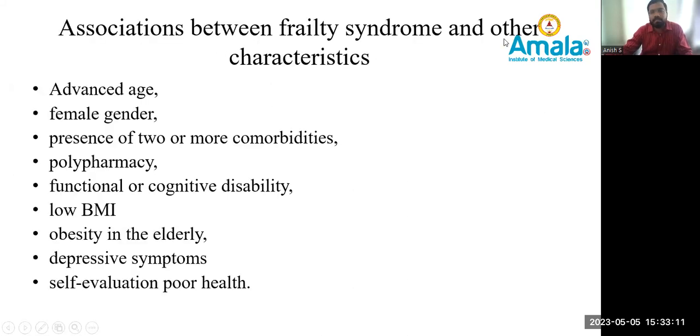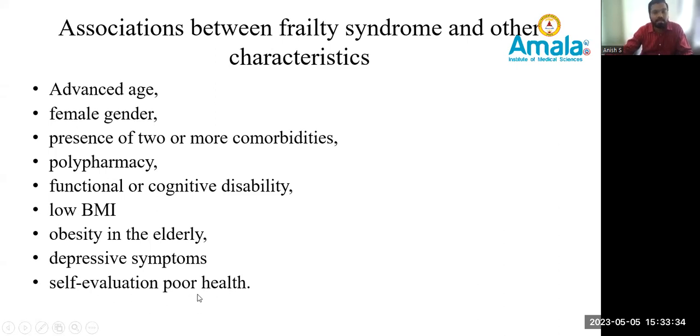The associations with frailty syndrome are advanced age, female gender, presence of 2 or more comorbidities. Polypharmacy has a significant role in making a patient frail, as do functional or cognitive disability as in dementia, a low body mass index, obesity in the elderly, depressive symptoms, and self-evaluation of poor health.